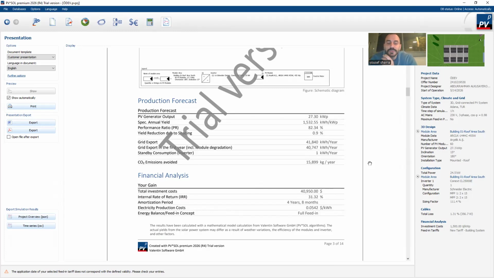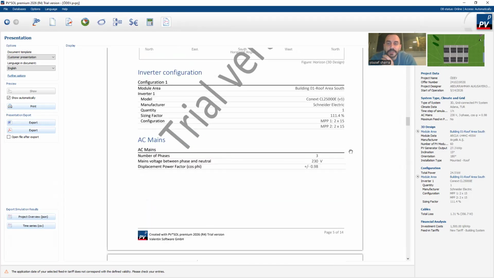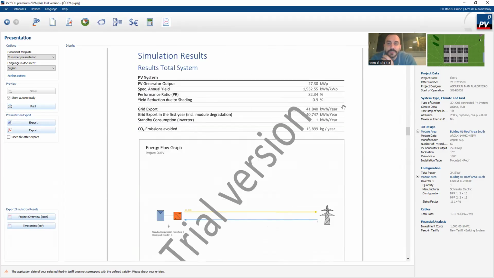The system uses 60 Arclick 455 watt panels and a Schneider Electric 25 kilowatt inverter. The annual energy production is 41,840 kilowatt hours with a performance ratio of 82.34% and a shading loss of only 0.9%.